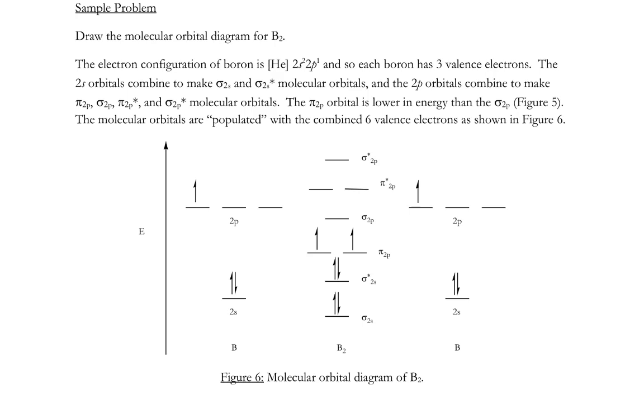So we have 6 electrons. We put them in starting at the bottom, spin up, spin down, and then go to sigma 2s star, spin up, spin down. Then we get to the degenerate pi 2p MOs, and we put 1 electron in each. So that would be our filled in molecular orbital diagram of B2.